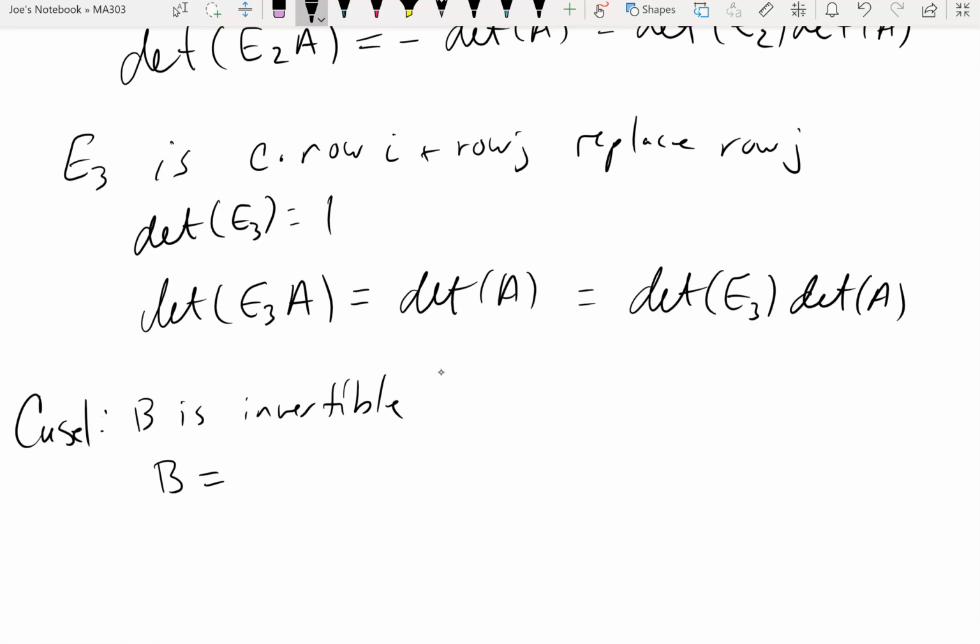Then A is E1, E2, out to En, where each E sub I is invertible.